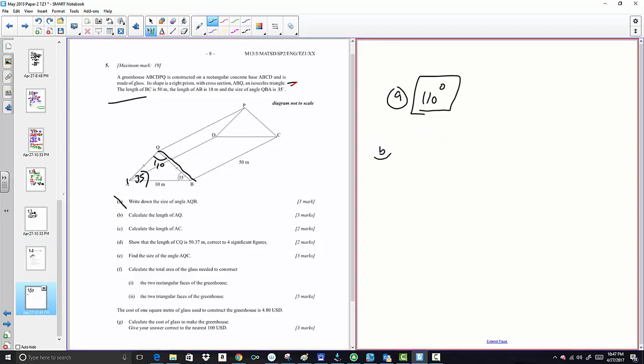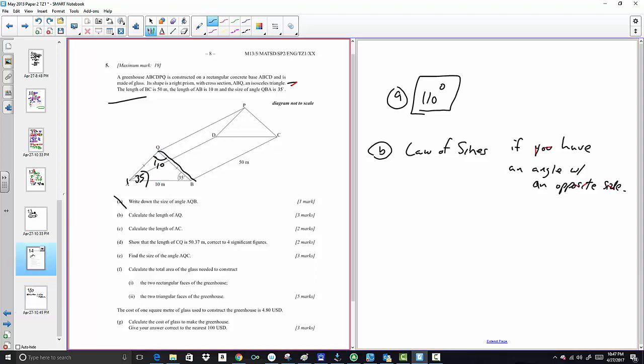Law of sines can be used if you have an angle anywhere with an opposite side anywhere. As it turns out, I have an angle, which I just found, which is 110, and its opposite side is 10. So the law of sines can be tried.